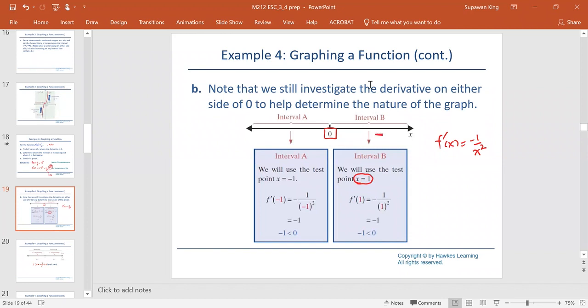So we put a negative sign here. On the left side of 0, let's pick the value x equals negative 1. F prime at negative 1 is still negative. So on both sides of the point 0, f prime is negative. That means the graph is decreasing on both sides of the point 0.